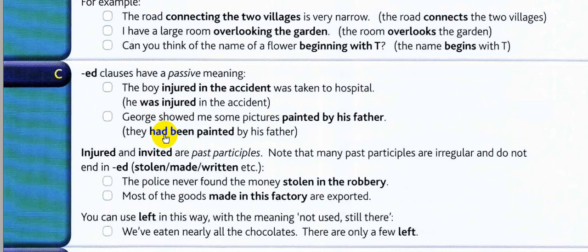Great. Yeah, it is past perfect passive. هي أصلها had painted. أصل الجملة his father had painted some pictures. هذه أصل الجملة.